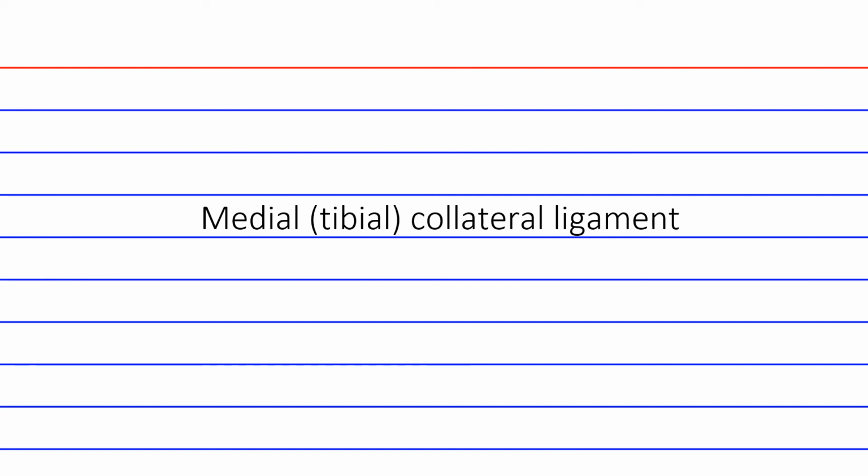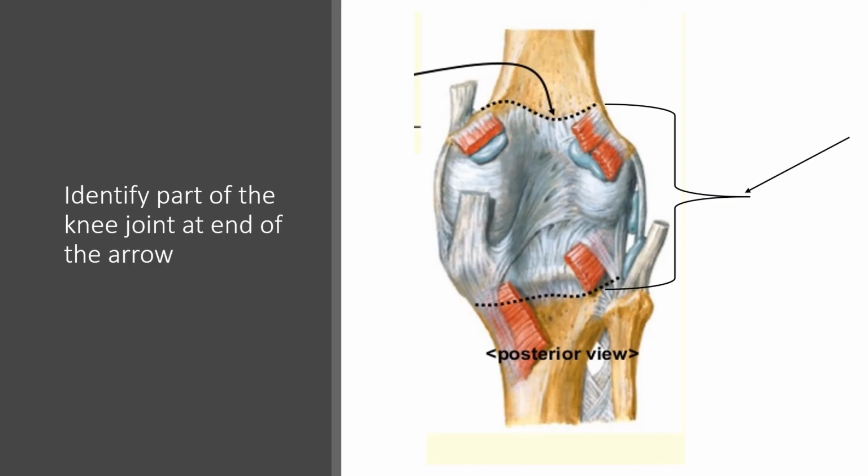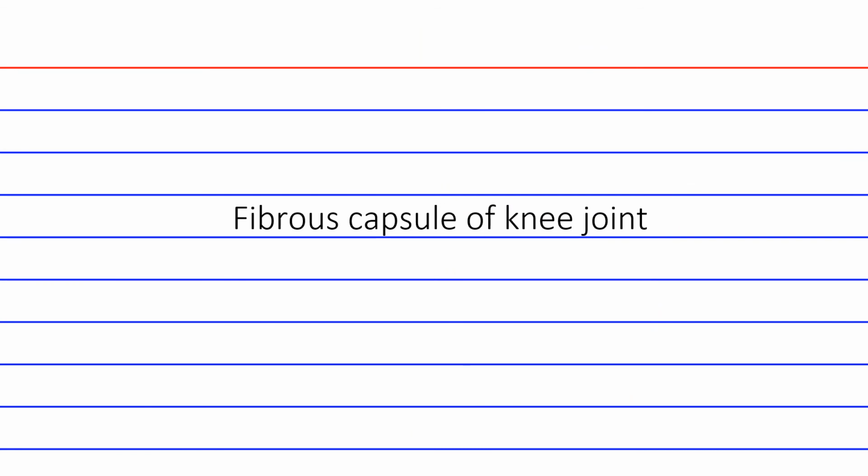The answer is the tibial collateral ligament, but you can also call it the medial collateral ligament. Identify part of the knee joint at the end of the arrow. The answer is the fibrous capsule of a knee joint.